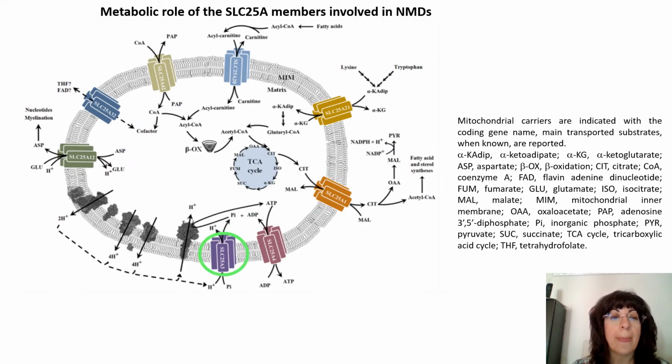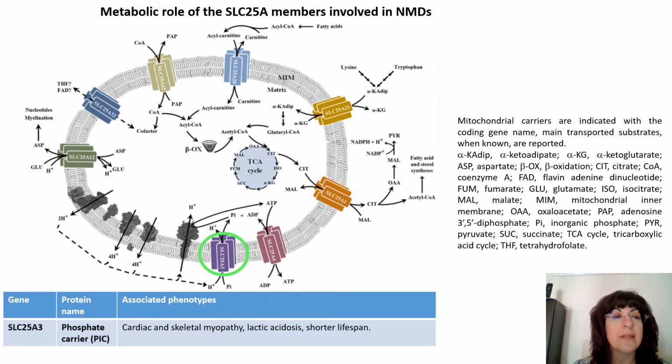Here you can see the phosphate carrier, which transports inorganic phosphate into the mitochondrial matrix. Alternative splicing of its gene originates two different isoforms. Isoform A is mainly expressed in the heart and skeletal muscles, so its impairment implies cardiac and skeletal muscle symptoms.